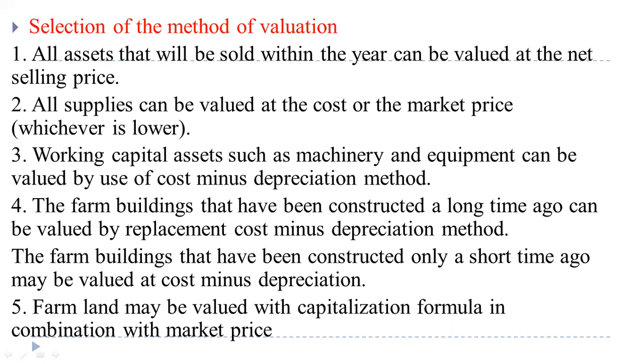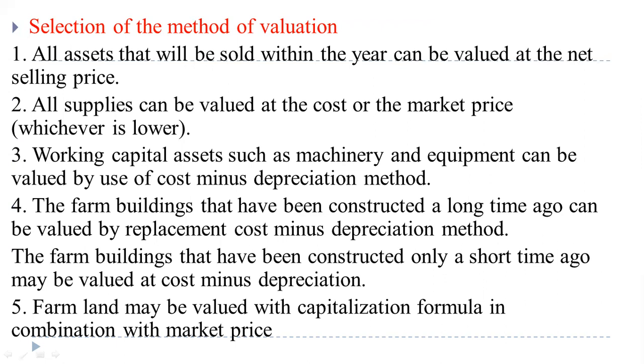Working capital assets such as machinery and equipment can be valued by use of the cost minus depreciation method. The farm buildings that have been constructed a long time ago can be valued by the replacement cost minus depreciation method. The farm buildings that have been constructed only a short time ago may be valued at cost minus depreciation.